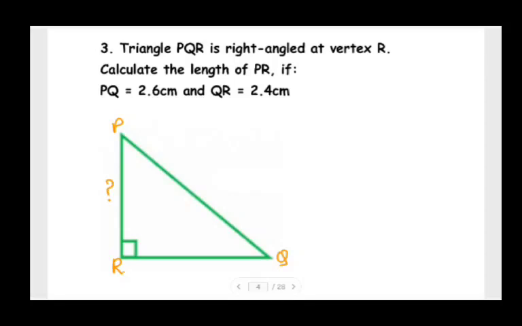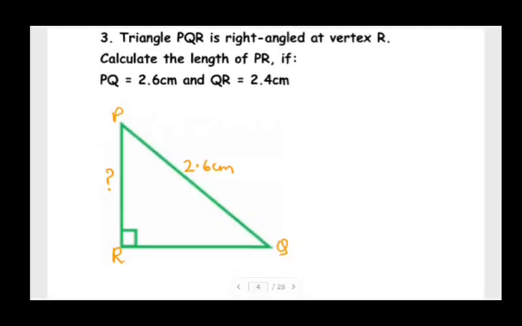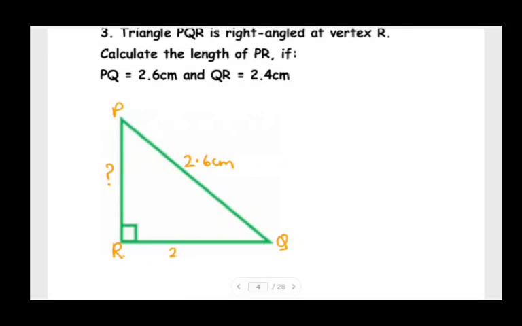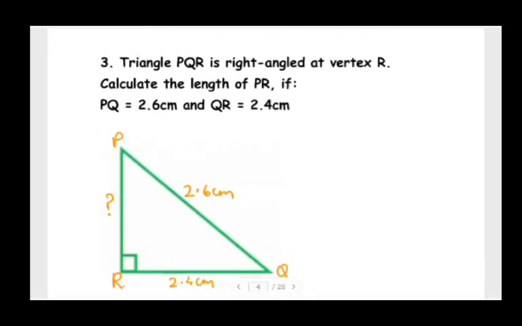Okay, if PQ is 2.6 centimeters and QR is 2.4 centimeters. So PQ the whole square is equal to PR the whole square plus QR the whole square.